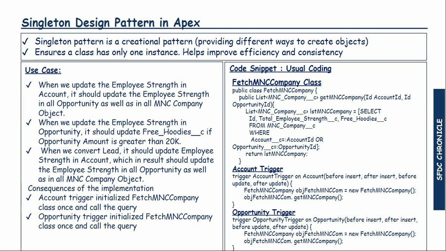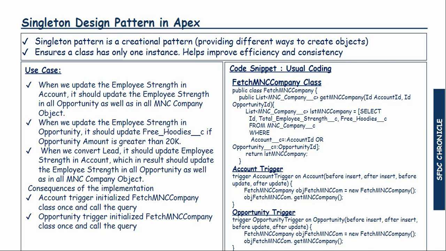Now, from the account trigger, whenever we try to update employee strength, we will create an instance of the class fetch MNC company, and using that instance, obj fetch MNC company, we will call the get MNC company method. So that is how we can do it, right? It's the usual coding that we all do on our day-to-day basis.